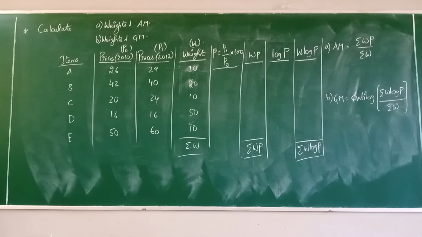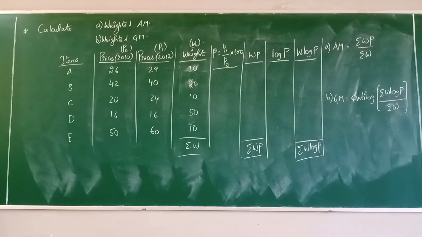Afterwards just multiply W and P. So multiply the weight W and the price relative P that you have calculated, and then find the total of summation WP, and then substitute in the arithmetic mean formula, summation WP by summation W. At the same time, geometric mean is the anti-log of summation W log P by summation W. So here also the weights are known, and P we have calculated already.